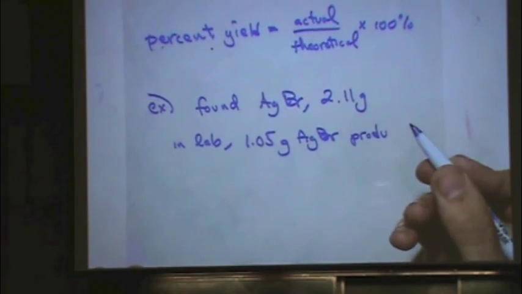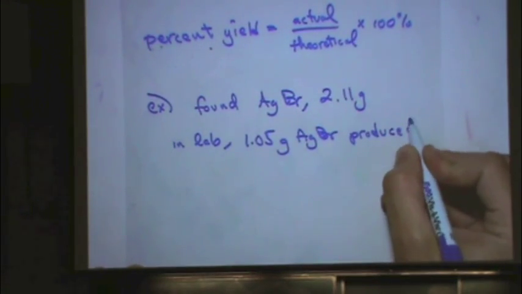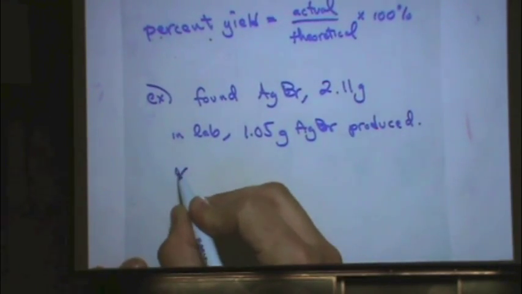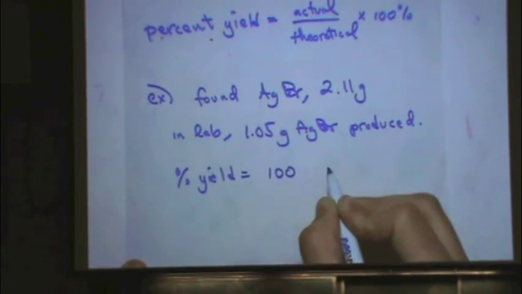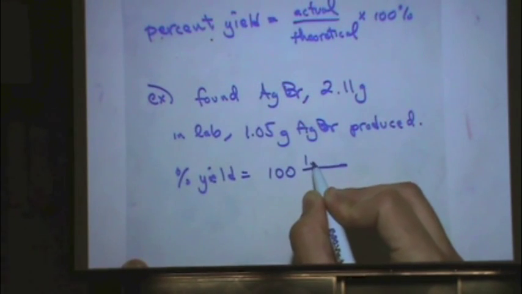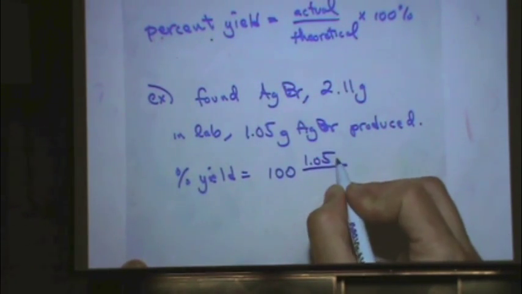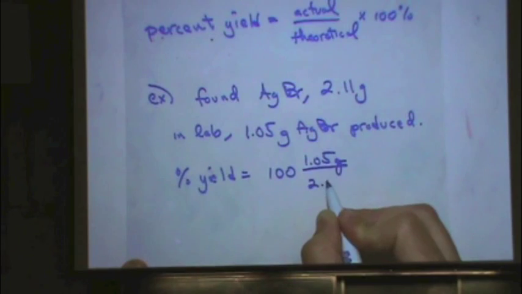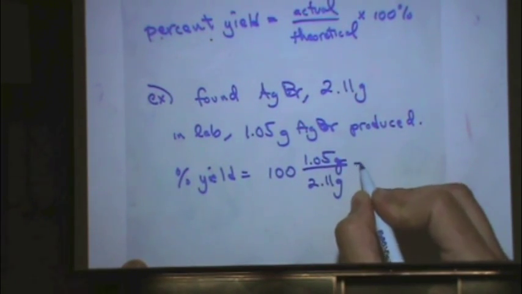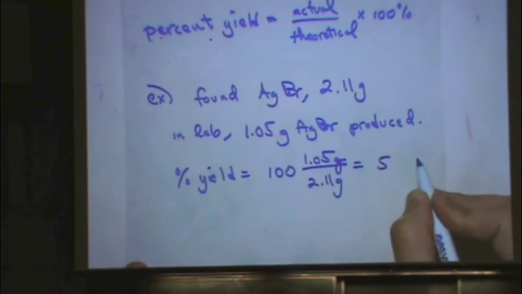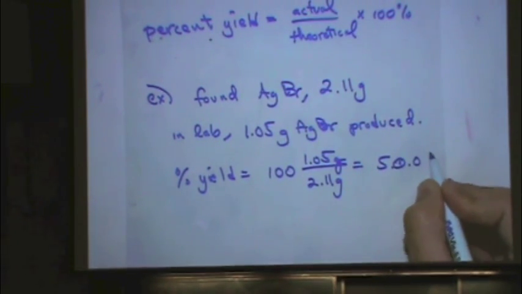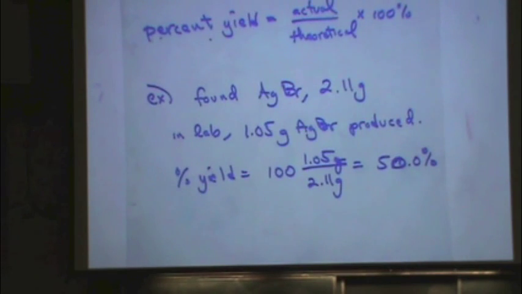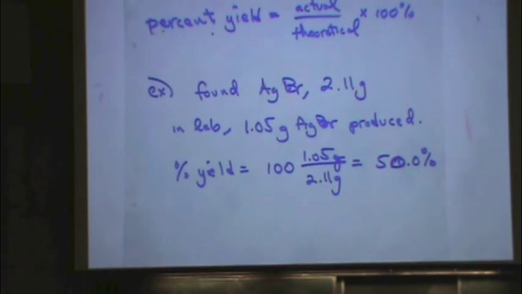So for some reason in lab, you only made this much. So the percent yield is simply 100 times what you got in lab, or what's given in the question, divided by what you calculated from the numbers in the question. And in this case, it's about 50% is what I got. Okay?